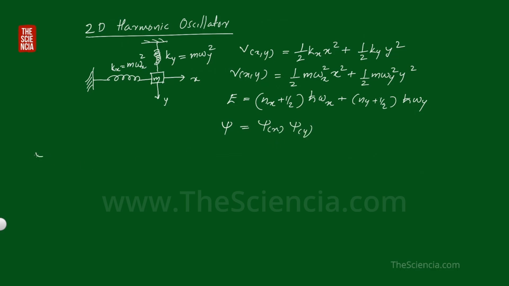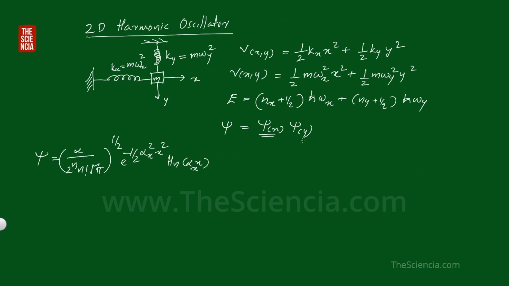That is, we know psi x, what is that? It is alpha by 2 raised to n factorial root pi, all raised to half, e raised to minus half alpha x square, into Hn of alpha x.